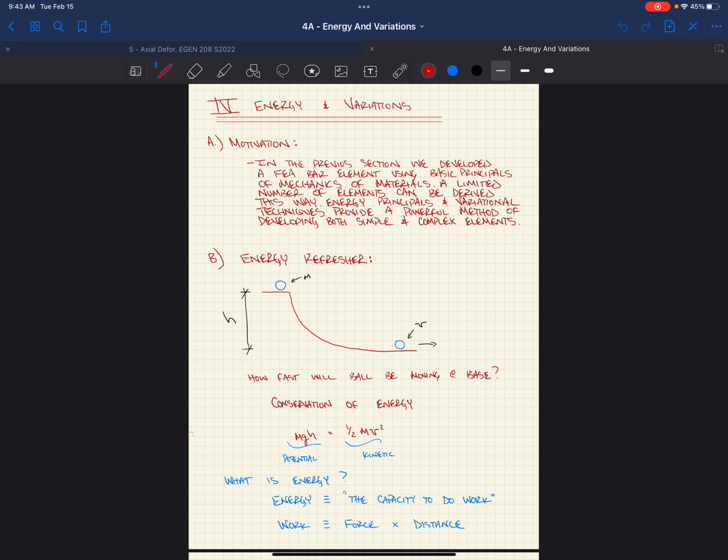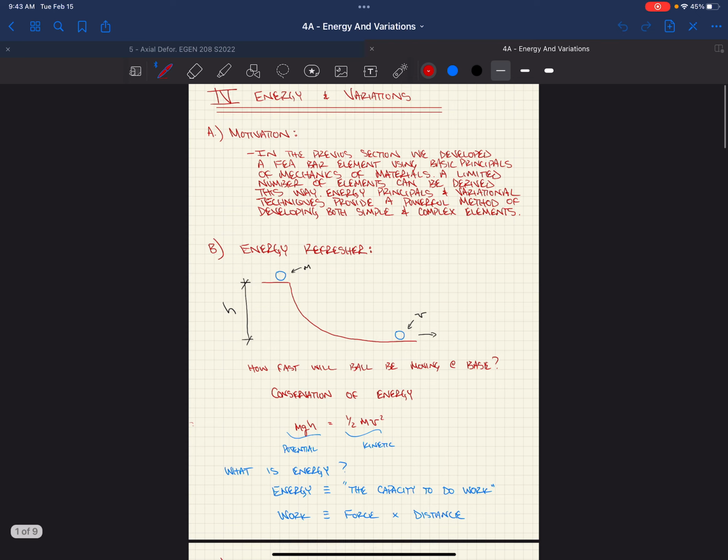Some of the other beam elements, we're going to go through a bar and a beam element derivation through the energy method, so hopefully we'll get the same result as we did with the bar element, but you'll see the derivation techniques for the beam element as well. So obviously the motivation is to develop a means of obtaining a solution to more complex elements, okay? More degrees of freedom, more complex field functions and what have you.